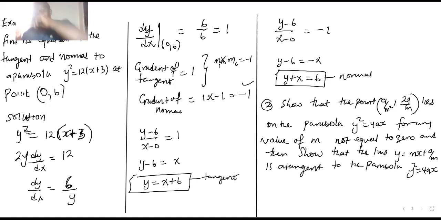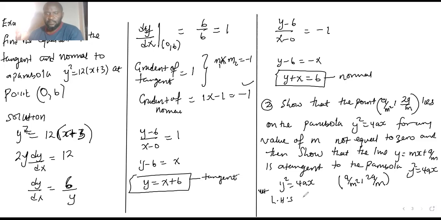Okay. To start with, we have been given y squared is equal to 4ax. We have been given a point (a over m squared, 2a over m). If I substitute, I let the left-hand side be y squared. You see that y squared will be equal to 4a squared over m squared.